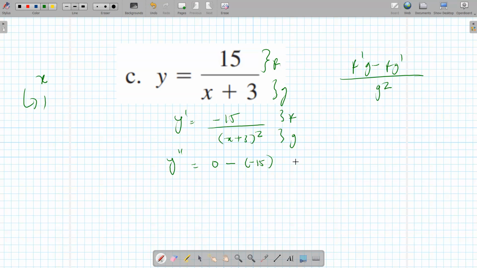You bring the 2 in the front. Everything inside stays as it is. Do we need to multiply that by anything? Just by 1.